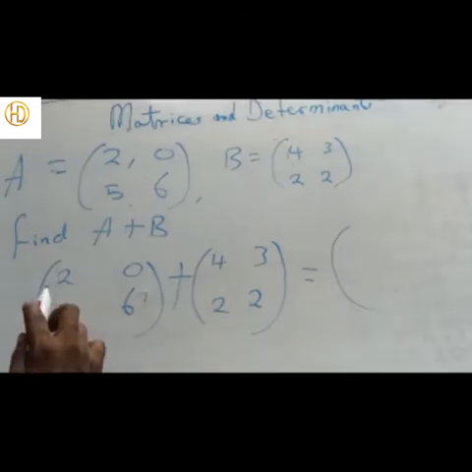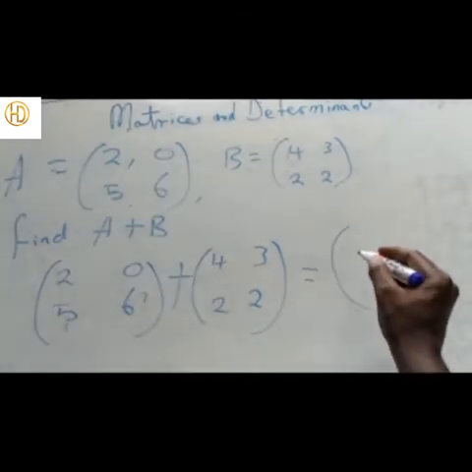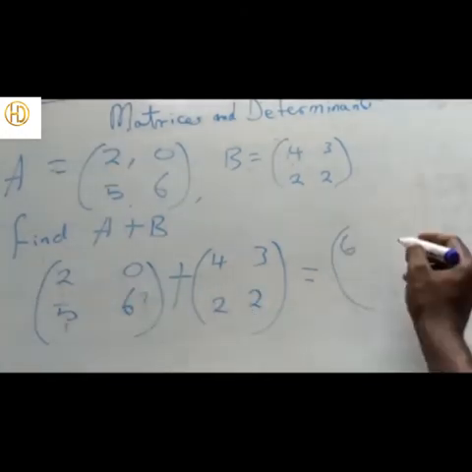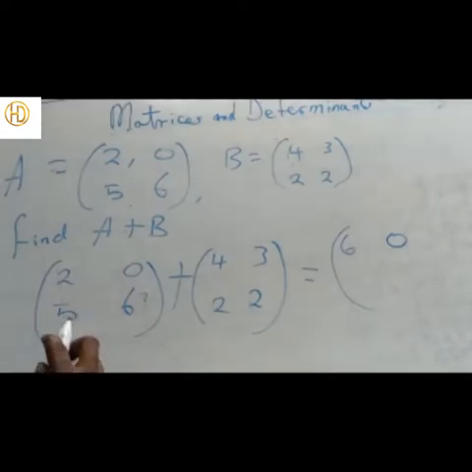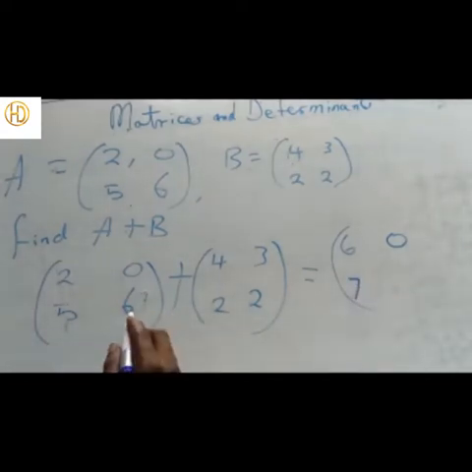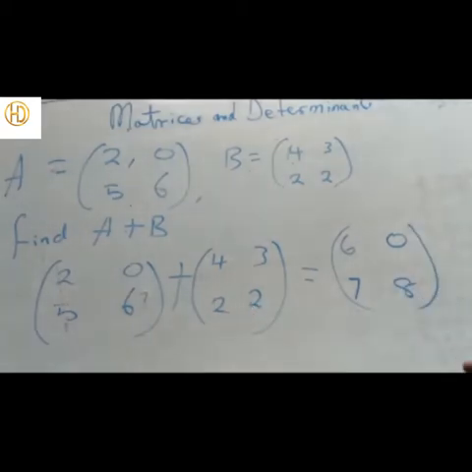Let's say 2 plus 4, that will give us 6. 0 plus 3 gives 3. Then 5 plus 2 gives us 7. And 6 plus 2 gives us 8. You can see it's that simple. That is how to add matrices together.